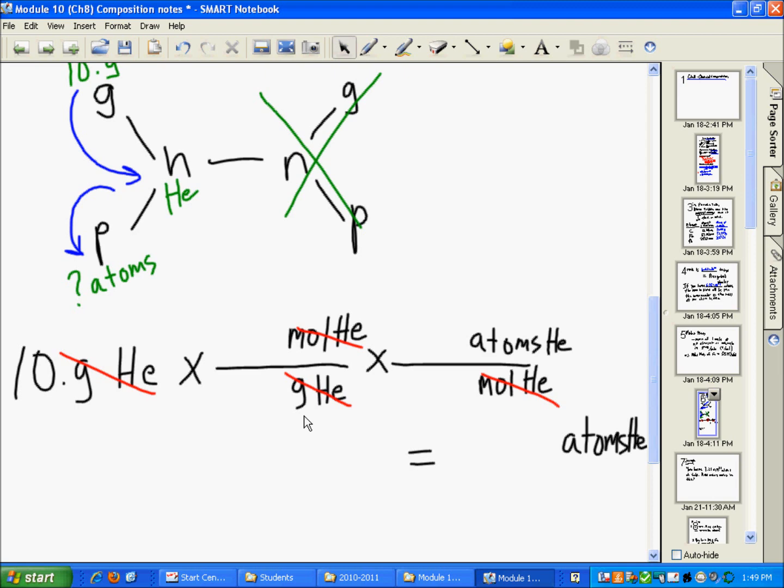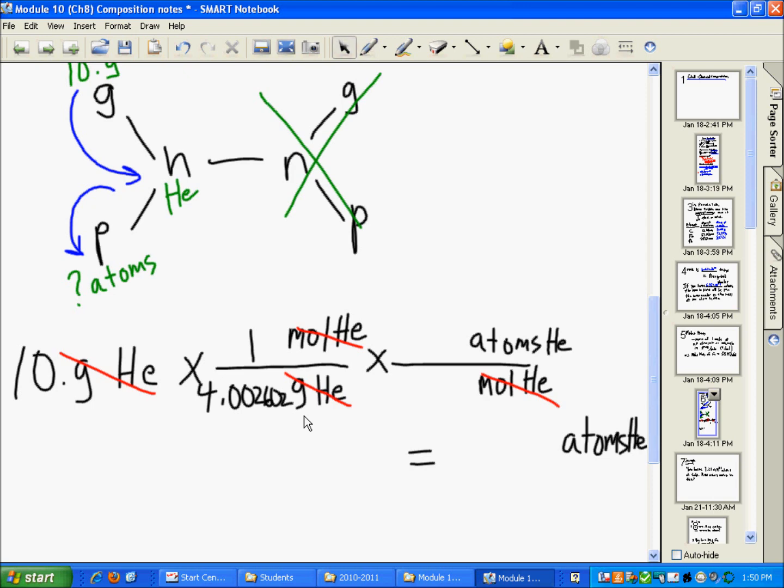So find helium and find the atomic weight of helium. 4.002602, and that is grams for 1 mole. So 1 mole goes on top, grams goes on the bottom. So let your units guide you in terms of where the numbers go. It's always grams for 1 mole.